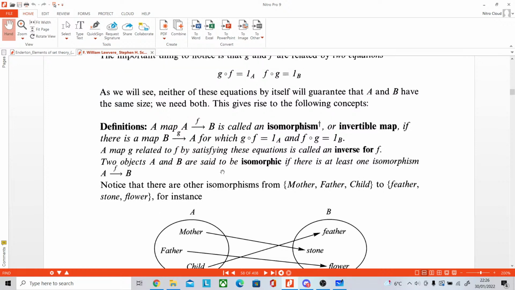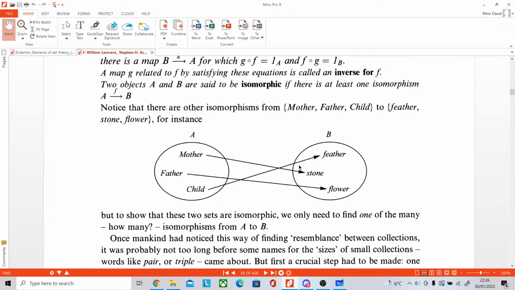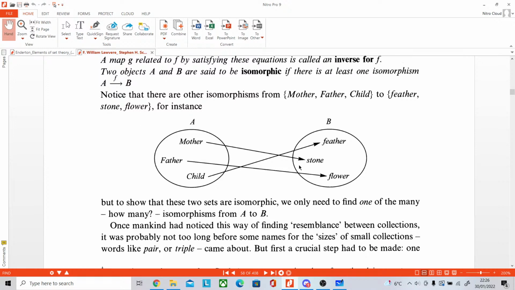Two objects are said to be isomorphic if there is at least one isomorphism. Right, there are also other isomorphisms. Right, so if we take the inverse of this, that also succeeds in becoming an inverse.